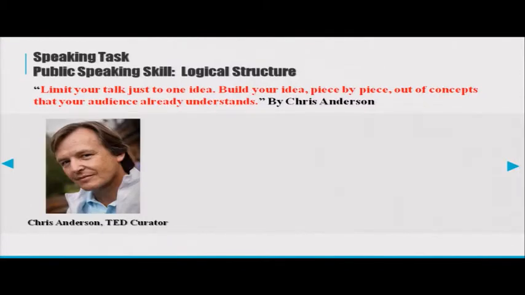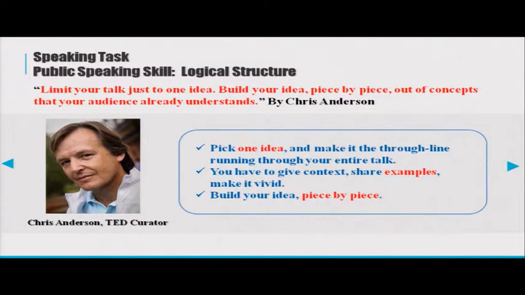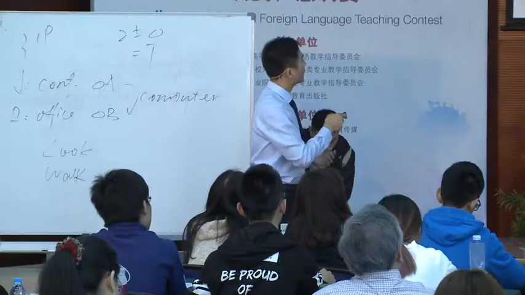So limit your talk just to one idea, build your idea piece by piece out of concepts that your audience already understands. Now here, I will explain it further. First, pick one idea, use some examples, and build your idea piece by piece. So it is clear? This is an important public speaking skill, logical structure.